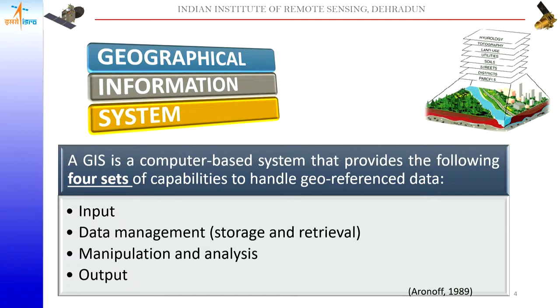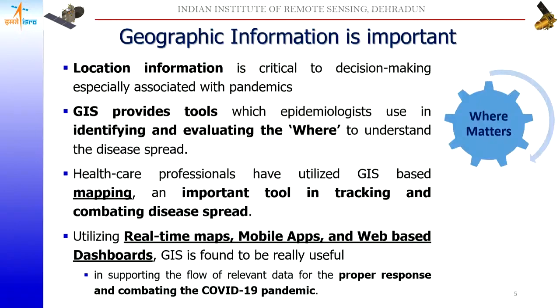Now, location is very important in every decision making, right from our day-to-day decisions, like where we should go for eating tonight, or where we should go for buying our grocery. All depends on the location. So where is very important, apart from when and who.